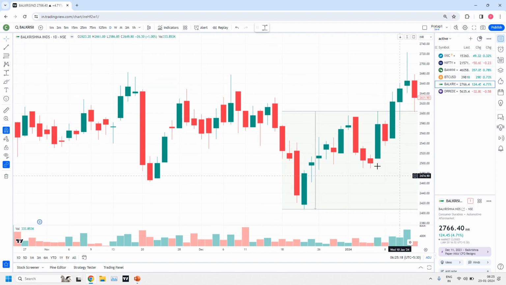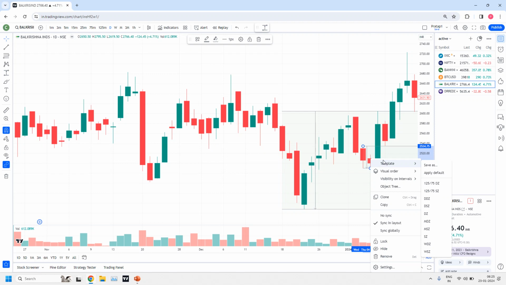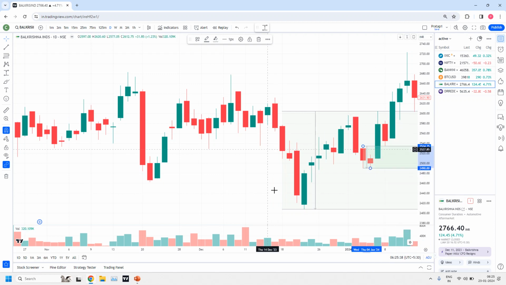Prices haven't entered into this. So that's why we identified a drop, base, rally, and this is the daily demand zone. So the first one is the weekly demand zone, and the next one is the daily demand zone.